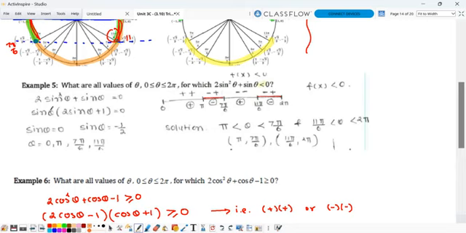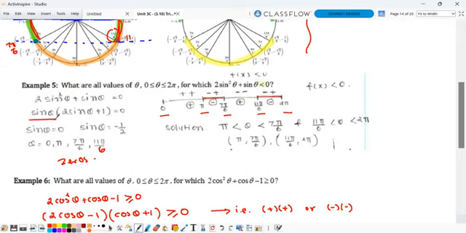Sign chart is factor again, right? Sine theta, 2 sine theta plus 1. Sine theta is zeros. Find the zeros. You are finding the zeros. Then you are making a number line and you are showing all those zeros on the number line. You are showing all the zeros on the number line.